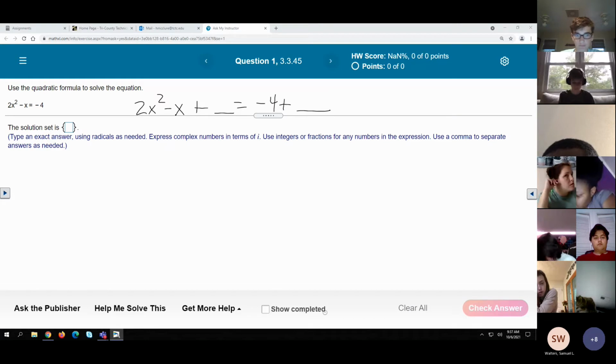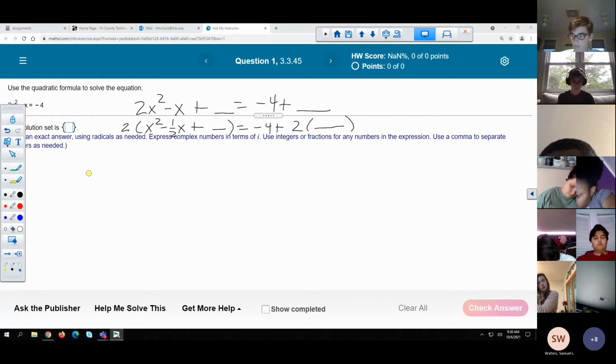This is like after difficulty level 5, the 5th video or 6th video, we started taking out the 2. That's going to leave x squared minus 1/2 x plus blank is equal to -4 plus 2 times blank. Let me get my highlighter that I told you I was going to get out every single time we did this.